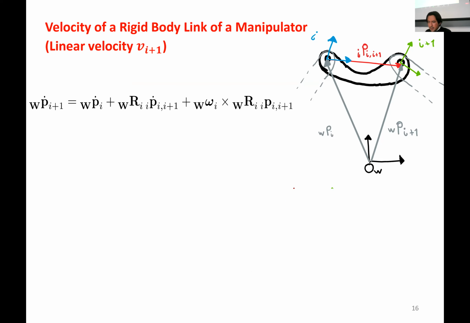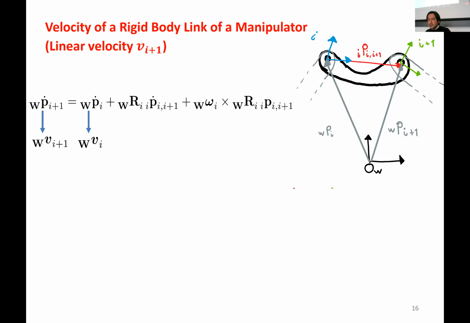Okay. So let's go back to the same expression and go term by term. The derivative of a position vector is the velocity, and we are interested in velocities, so this is easy. It's just the velocity of I plus 1.